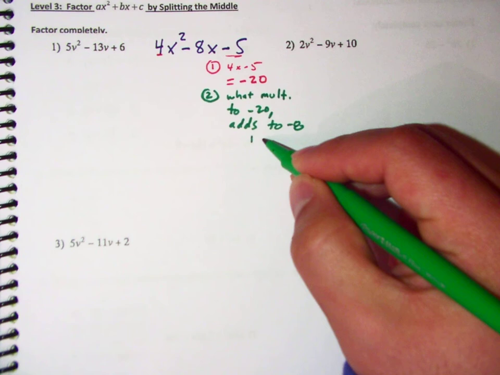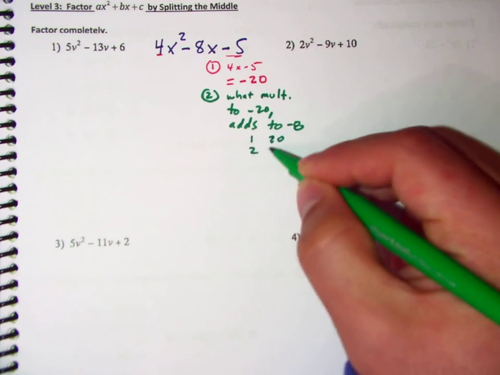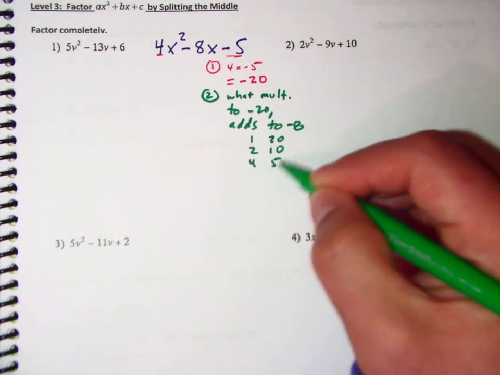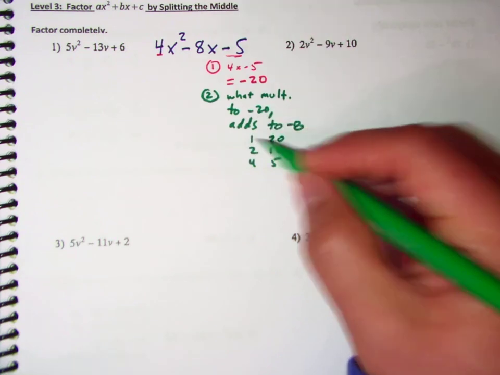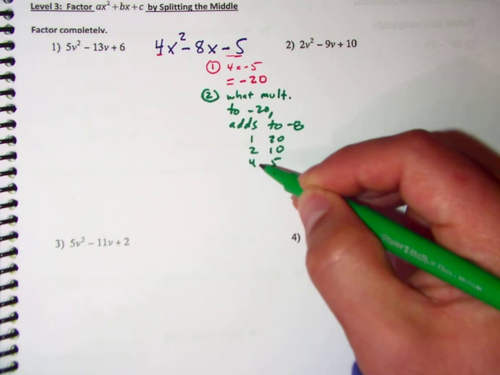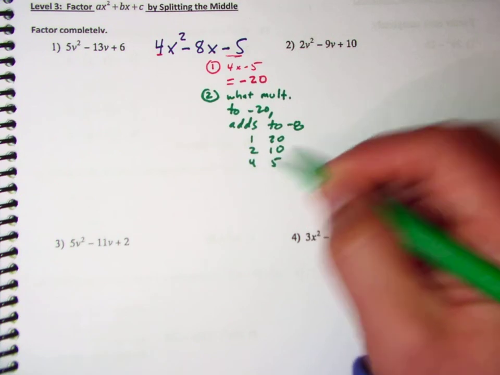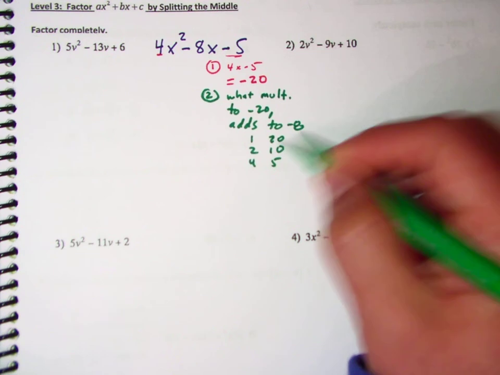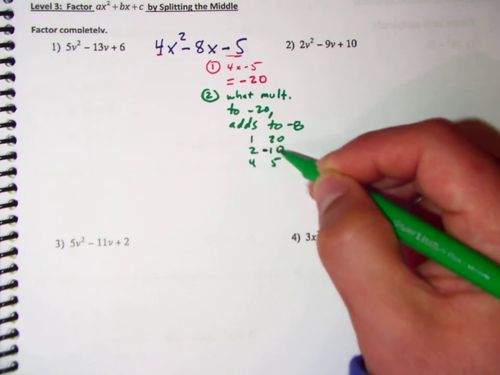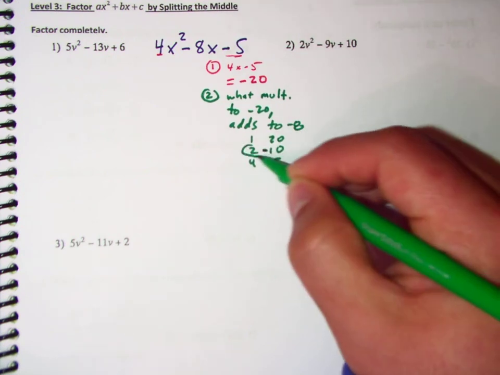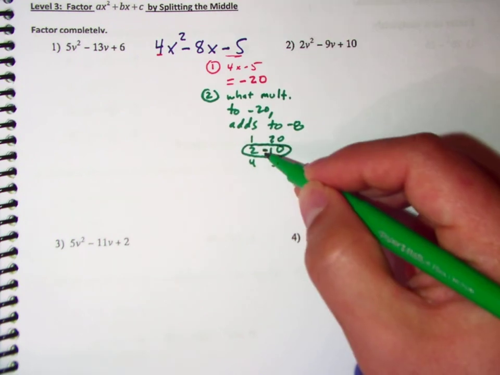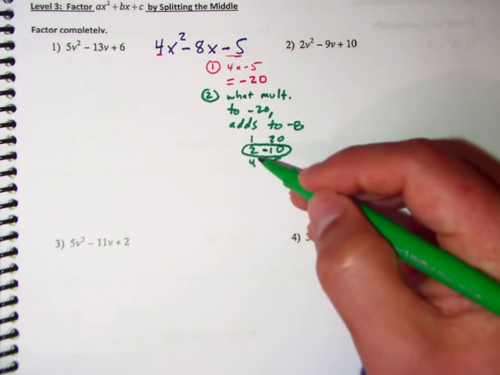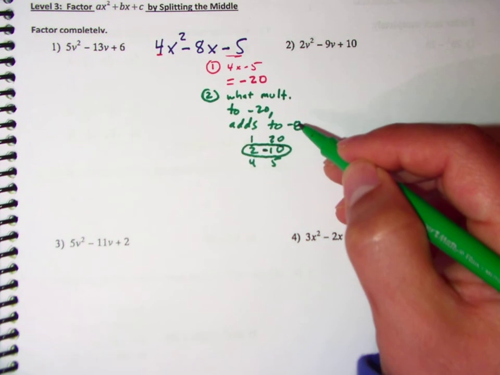I can do 1 times 20, 2 times 10, 4 times 5, and that's it. And if it multiplies to negative 20, that means that in these 3 pairs, one of the numbers has to be negative, and if it adds up to negative 8, the bigger one, in this case negative 10, is going to have to be negative. Okay, so 2 and negative 10 is the winning combination because 2 times negative 10 is negative 20, and if you add 2 and negative 10 together, you get negative 8.